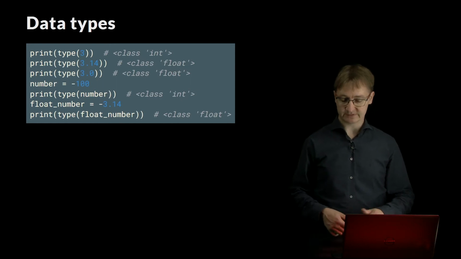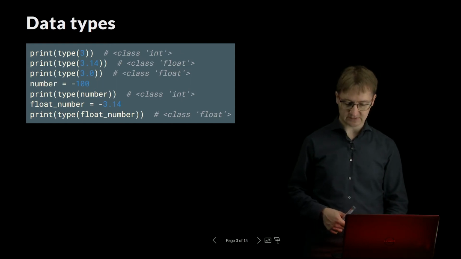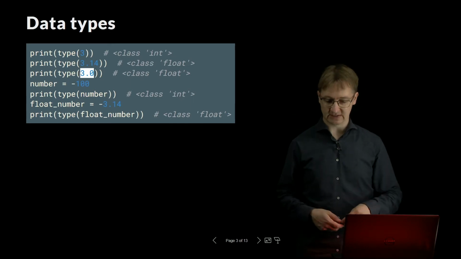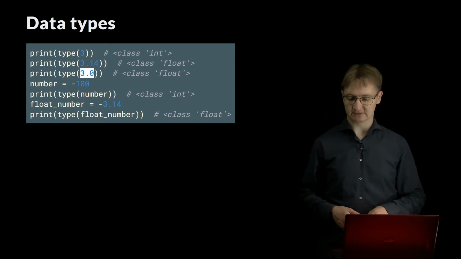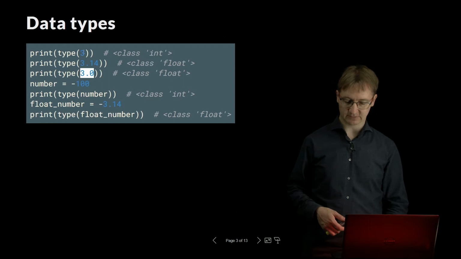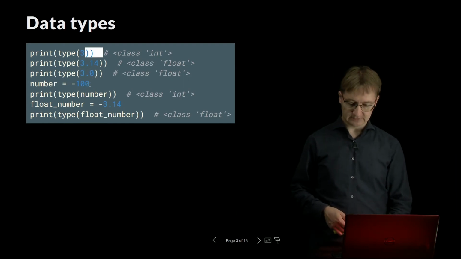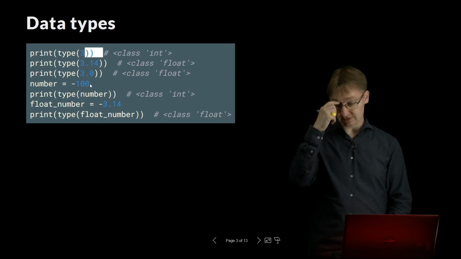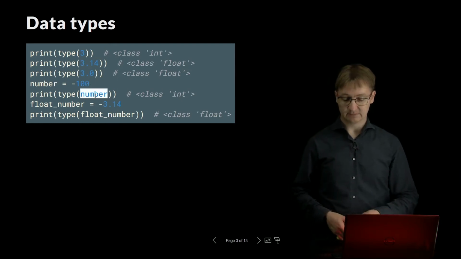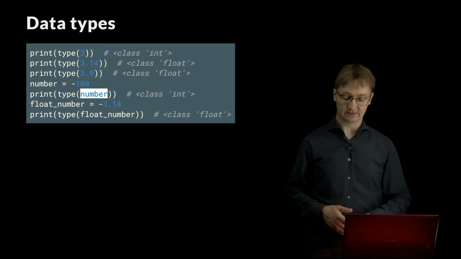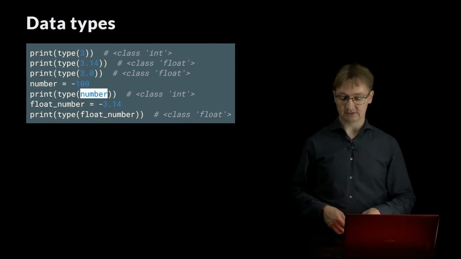So the first one is int, which means integer. Then this is a floating point number. This is also a floating point number, although it is actually the same mathematically as the first one, so they both are 3. Now I can also pass here a variable, and the value where this variable points to is taken into account.